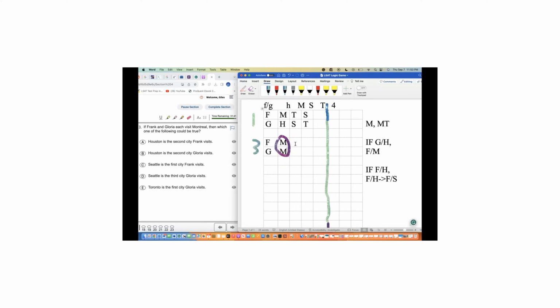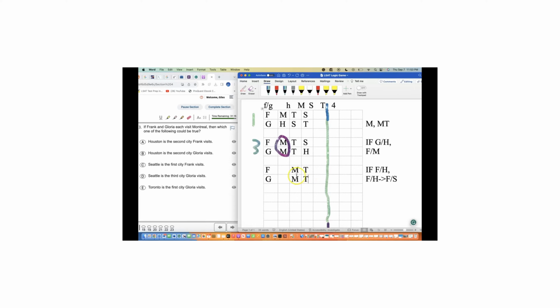So Montrose, well, that means Toronto's going to be next, and if Gloria visits Houston, then Frank automatically has to visit Seattle. And right now I'm going to put this game piece again over here, and this time I'm going to put M in the middle with T on the other side.